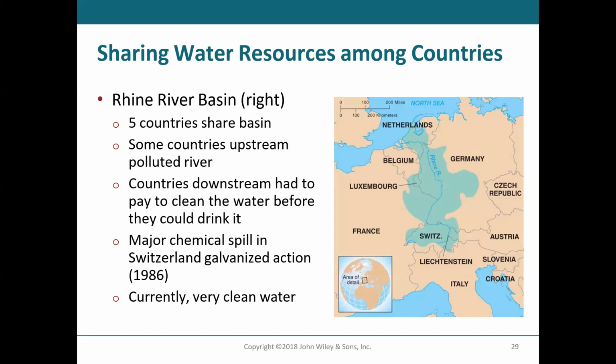The spill galvanized the International Commission for the Protection of the Rhine, and it was able to clean up a lot of the pollution. Currently it's considered a successful international cooperative agreement.